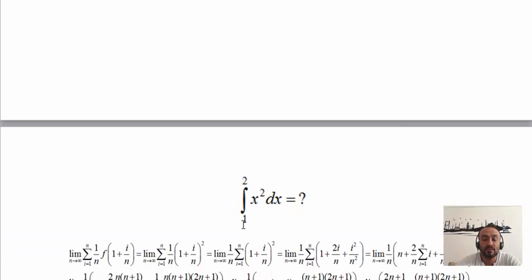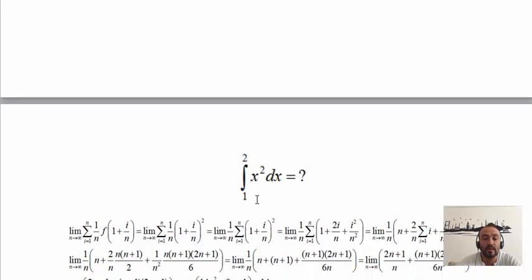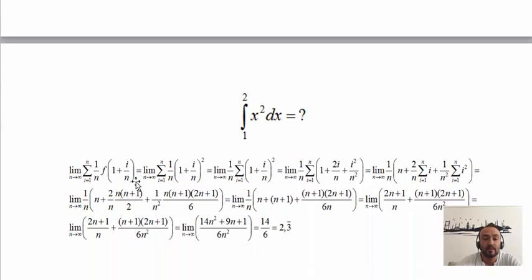You may remember the integral of x squared from 1 to 2 by this kind of calculation, and the result 14 over 6, or 7 over 3. We made this calculation in our previous video about integrals.